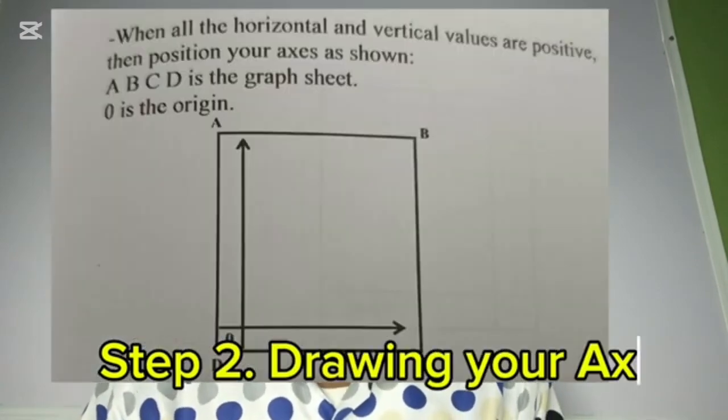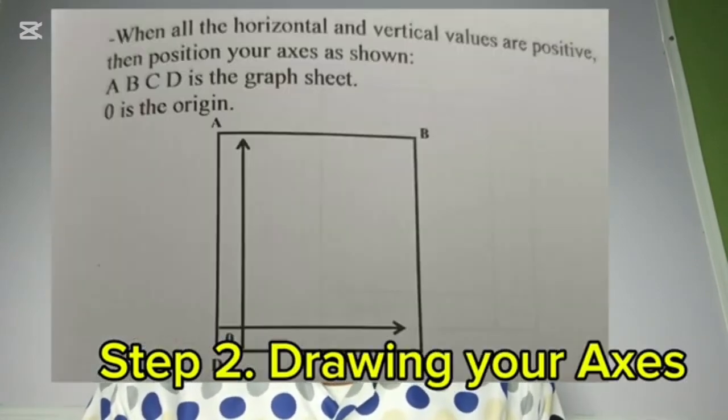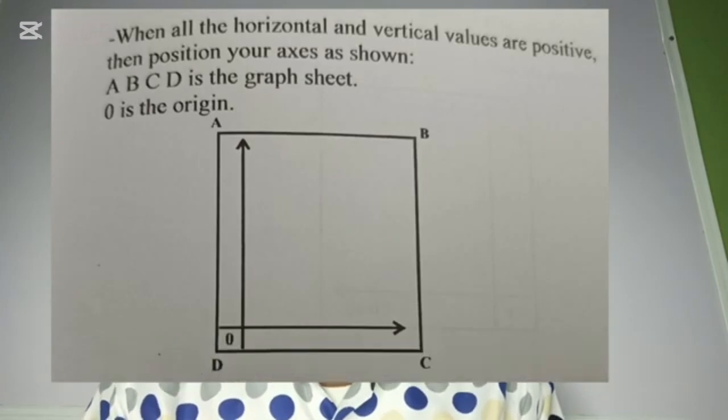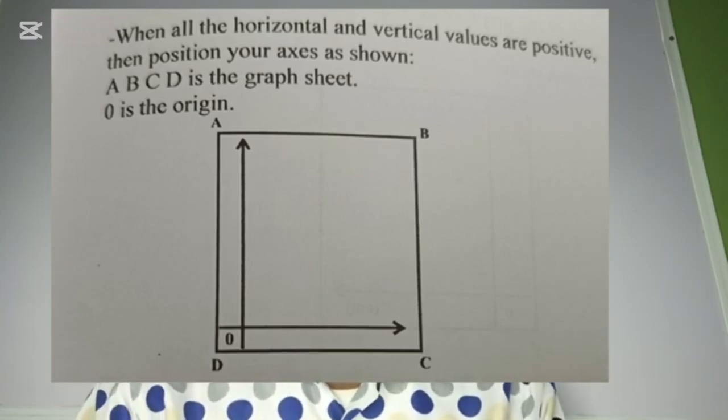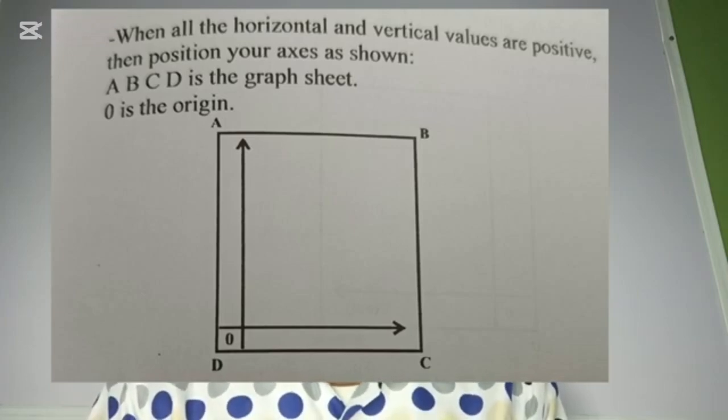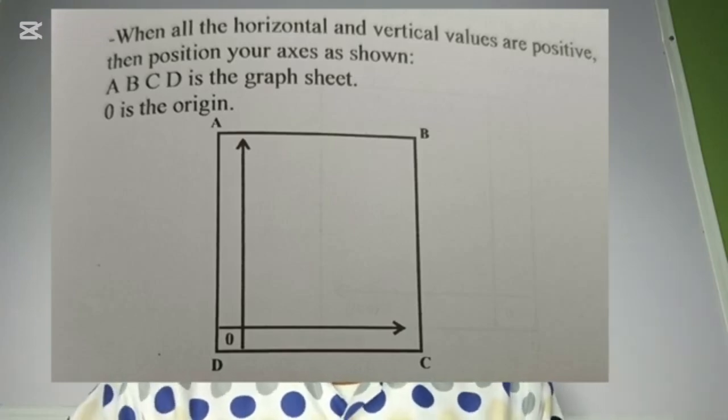So the second step is drawing your axis. There are many ways in which you can draw your axis depending on the factor. The first factor: when all the horizontal and vertical values are positive, then position your axis as shown in the diagram. You will see that in the graph, the vertical line is on the far left and the horizontal line is below.